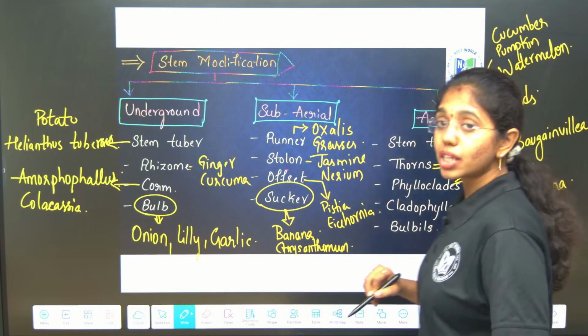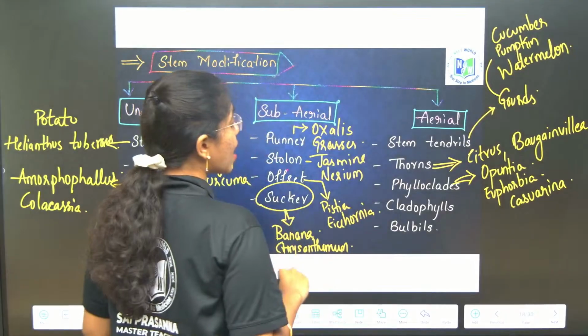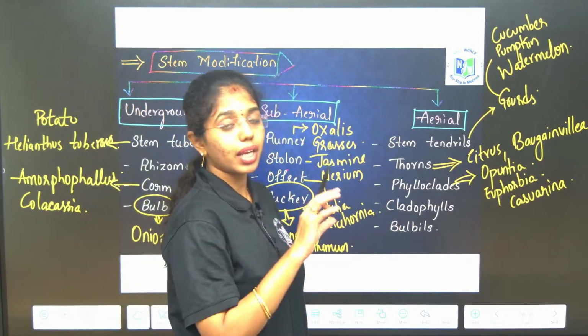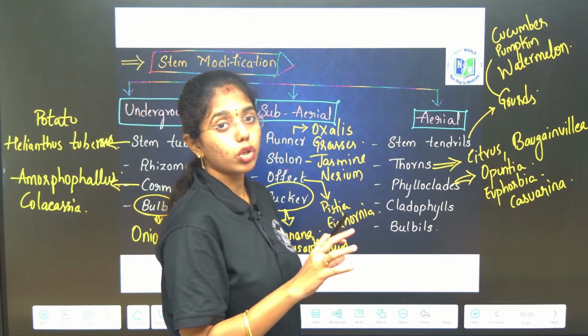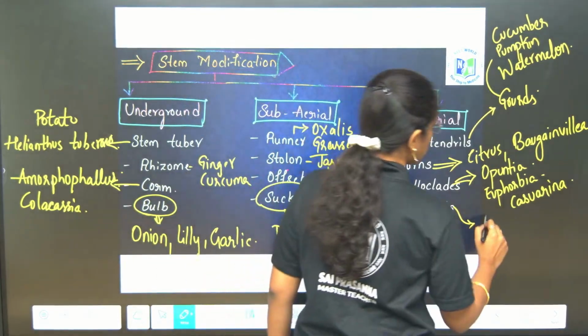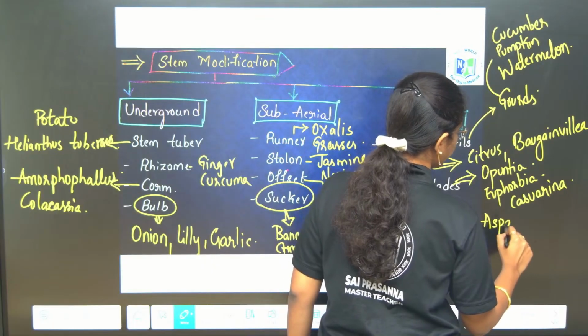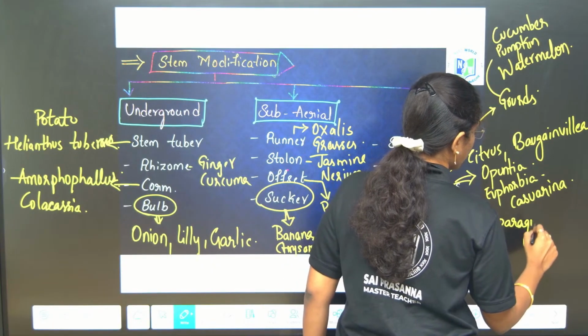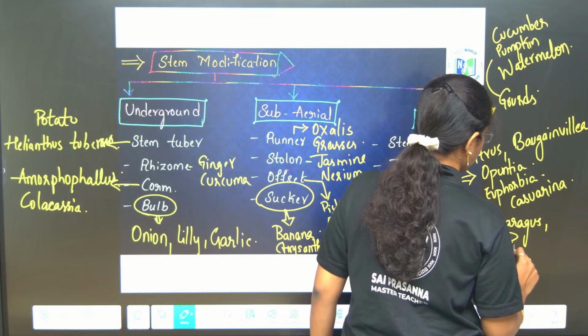Okay. Next is cladodes, where stems are modified to green structures, green branches which conduct photosynthesis, and these are branches of limited growth. Examples include asparagus and ruscus.